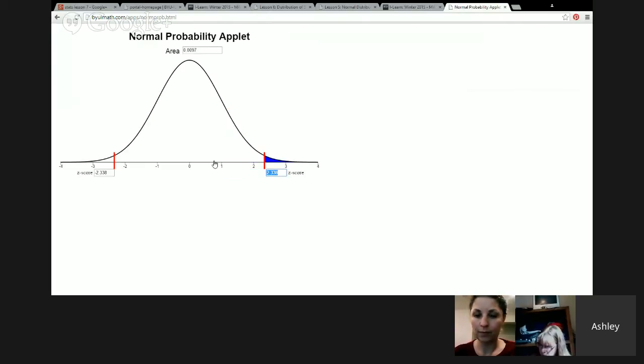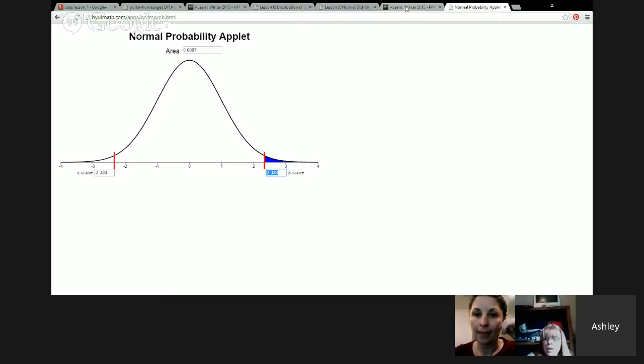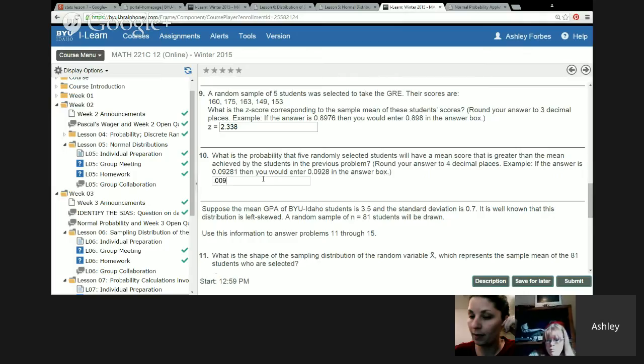It says round to the nearest 4 decimal places, right? Right. Did you guys get 0.0097? Yes. Okay, this is sounding a little better.